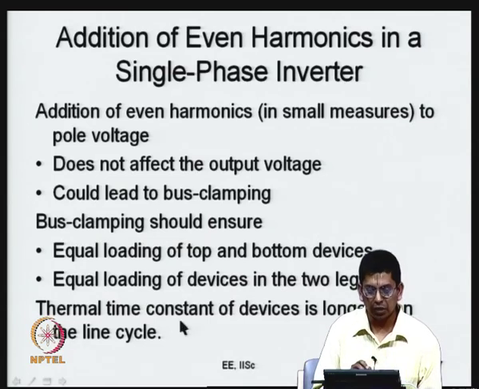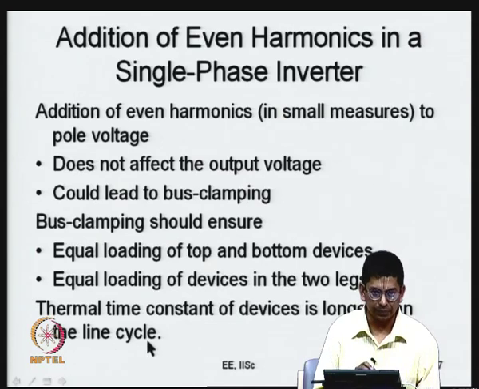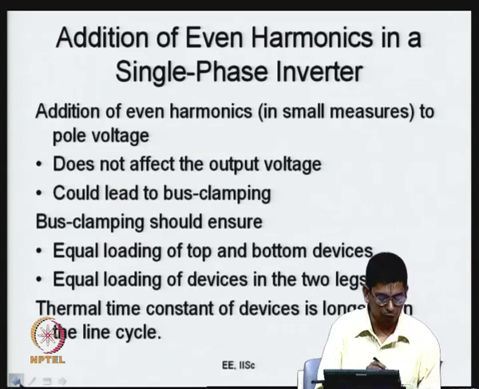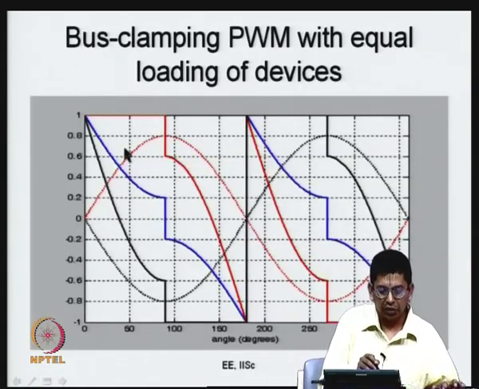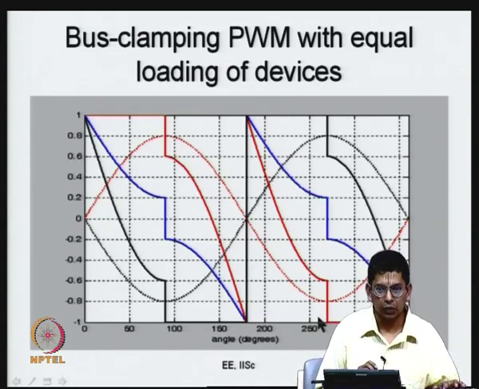The thermal time constant of devices is longer than the line cycle. That is, what is your basic assumption? You go forward. Here one device is conducting and here another device is conducting now.